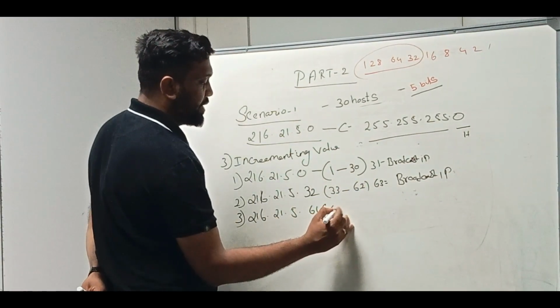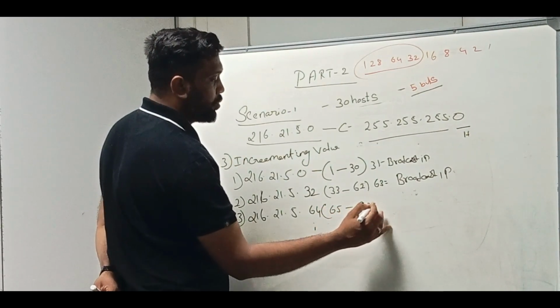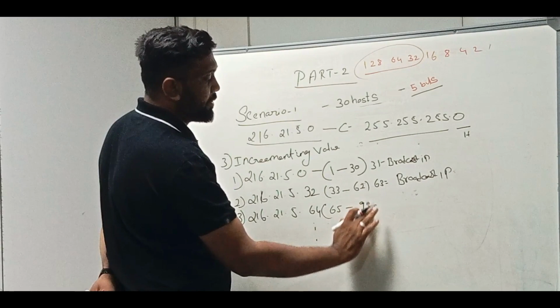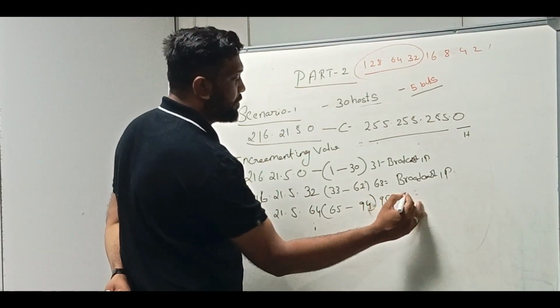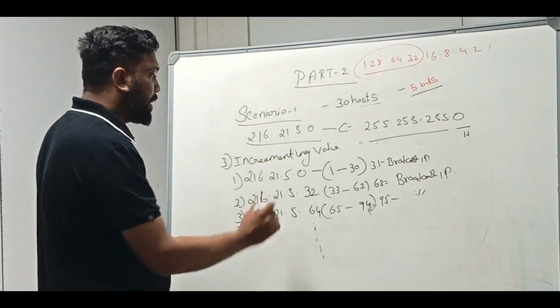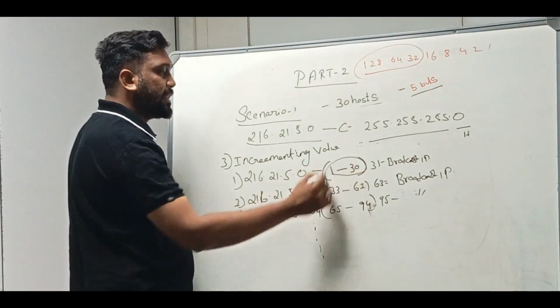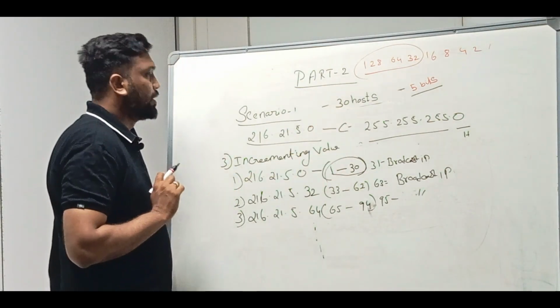Here 65 to 94, and 95 is the broadcast IP. Like that it will keep on continuing. Each network will have 30 valid IPs. Exactly what we required, the same we got here.